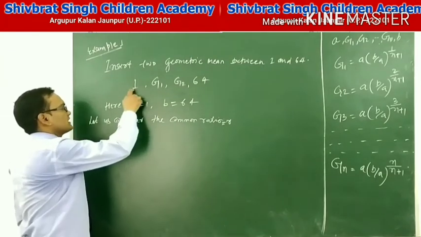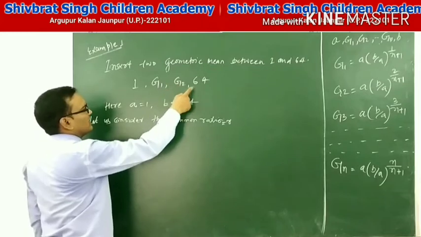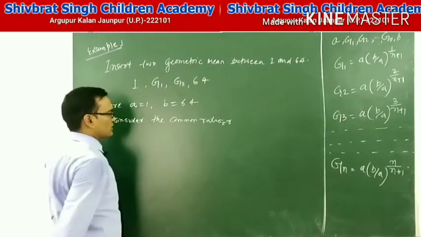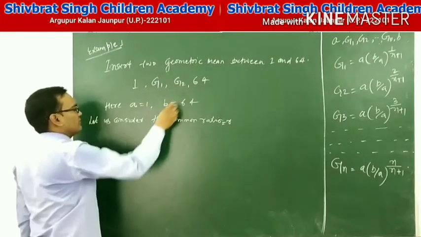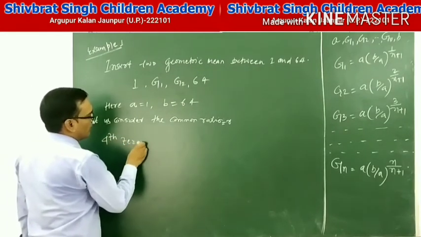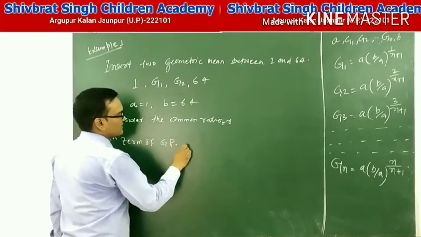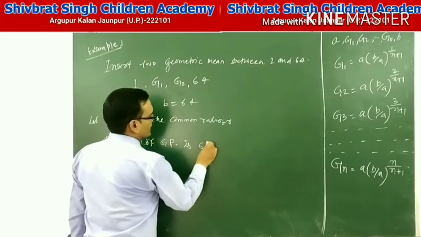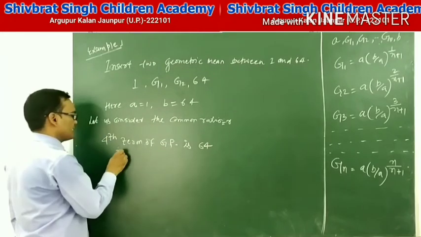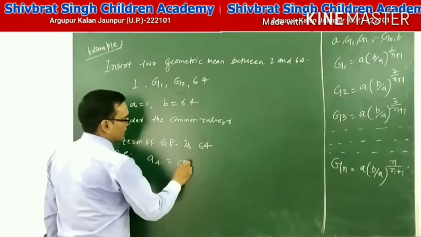Here this is the first term, this is the second term, this is the third term, and this is the fourth term. The fourth term of the GP is 64. That means a4 equal to 64.